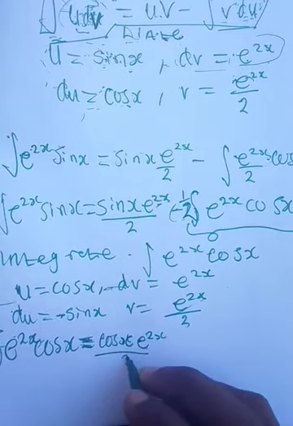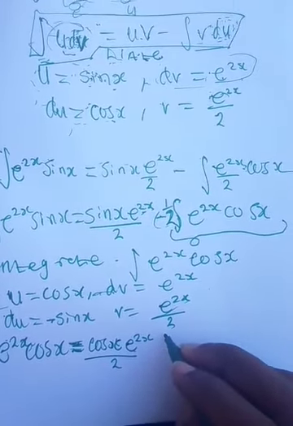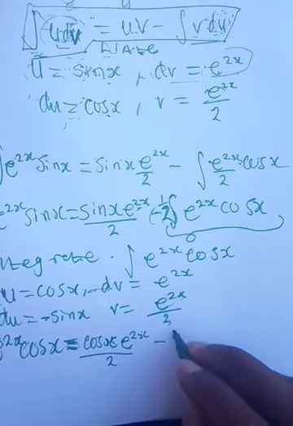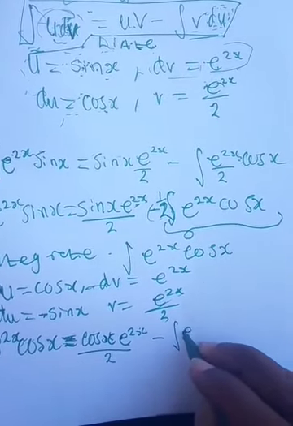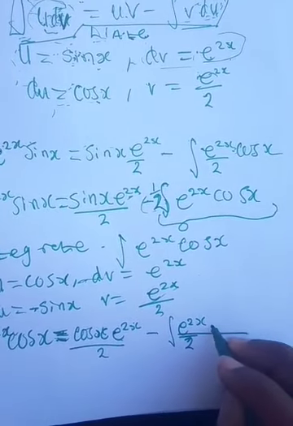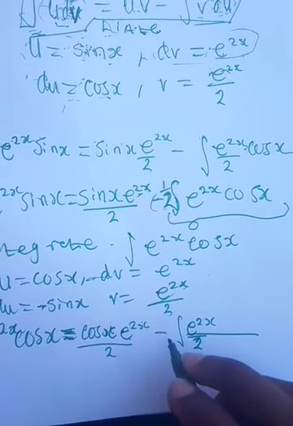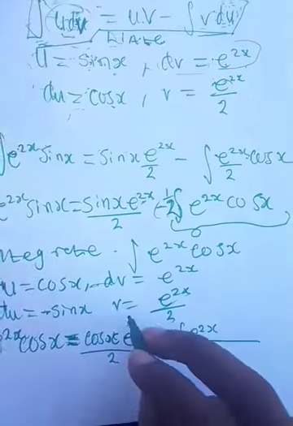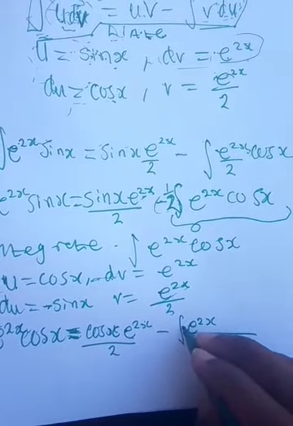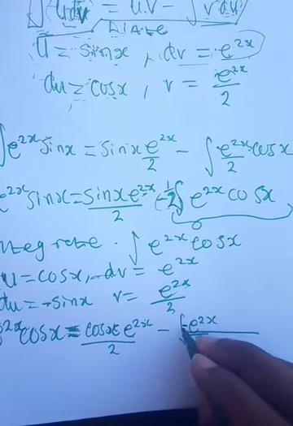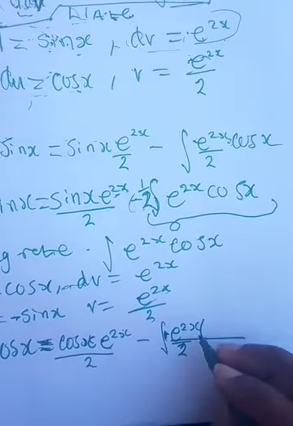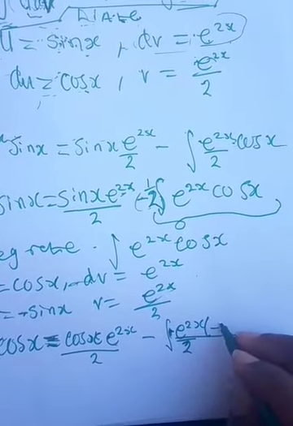Then yeah, this is v. Okay, and then we say minus, again we write our v, which is simply this one here, right? Then we write our du. Our du is this one here, negative. So it's like we have a negative here in front. Let me just write it in brackets. So I'll just write negative sine x. Yeah, just like this.